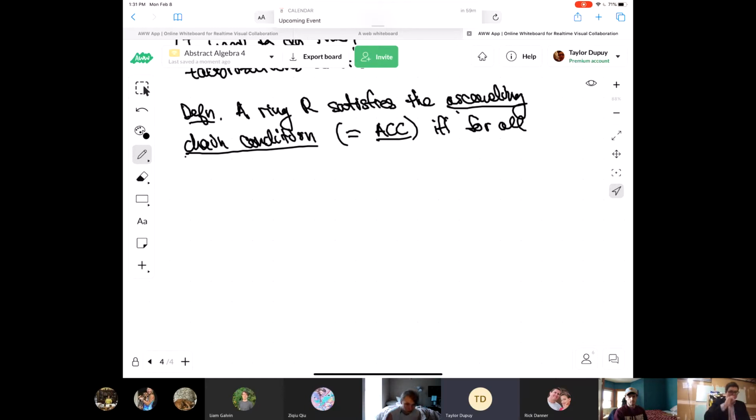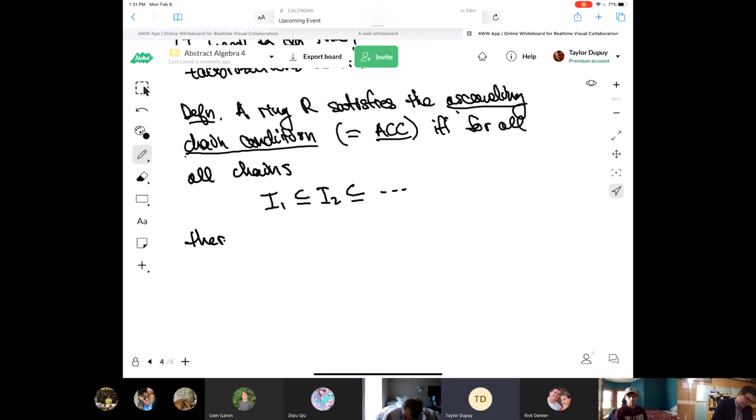Here we're only going to look at countable chains I1, I2, and so on.